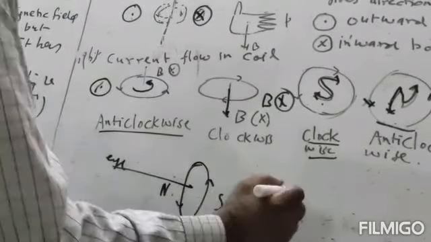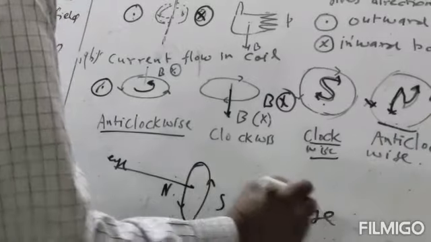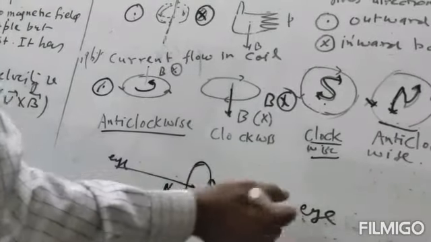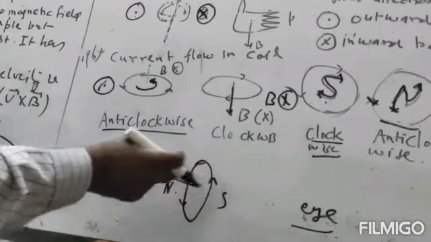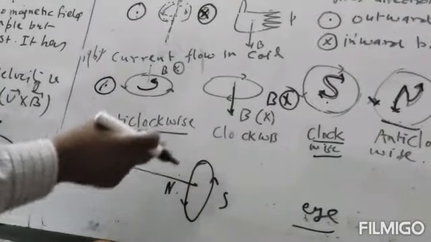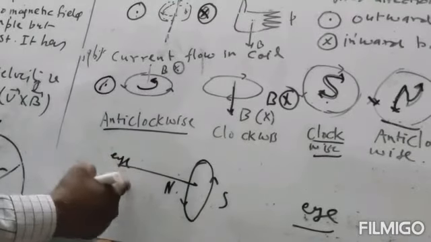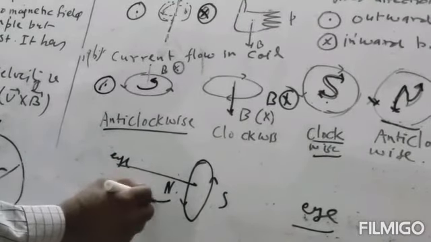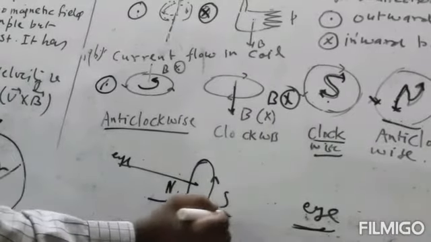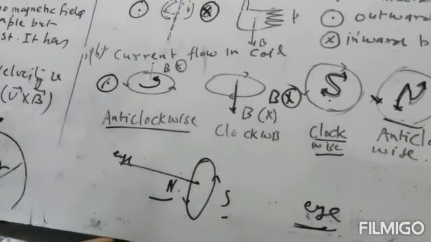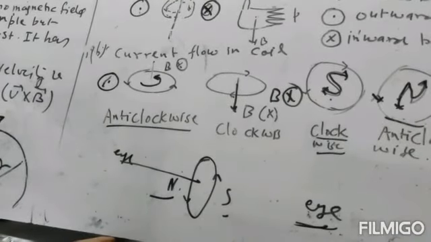But if we see from this side, then the current will be in the clockwise direction and it will appear as south pole. So we cannot separate north pole and south pole for this coil.